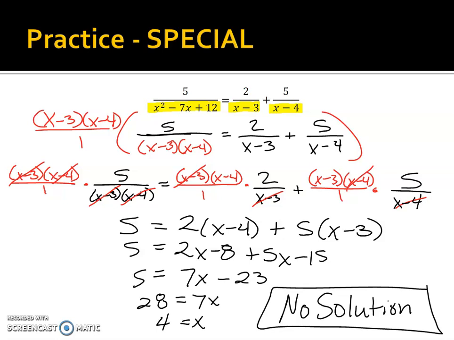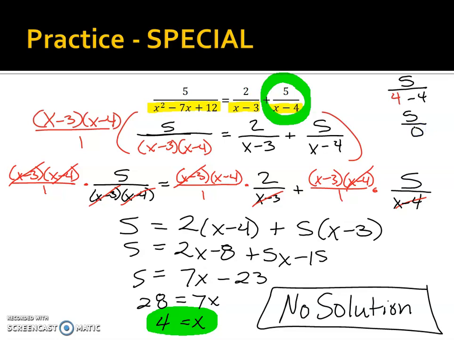If I plugged in a 4 for x up there, would there be any of those problems that would cause us an issue? That one right there would. Because if I plugged in that 4 for that spot, I'd have 5 over 4 minus 4, which results in a 5 over 0.